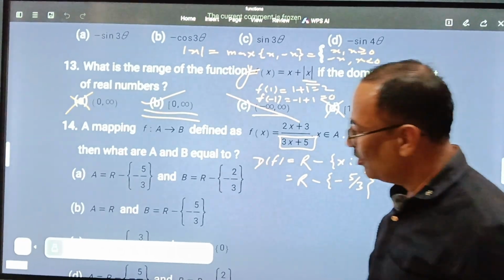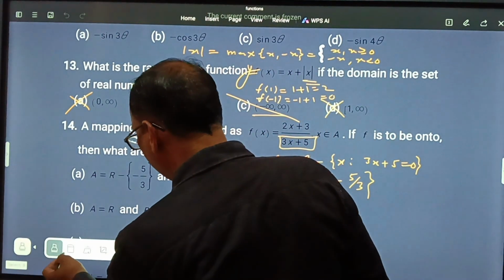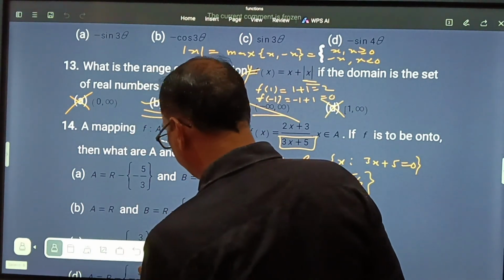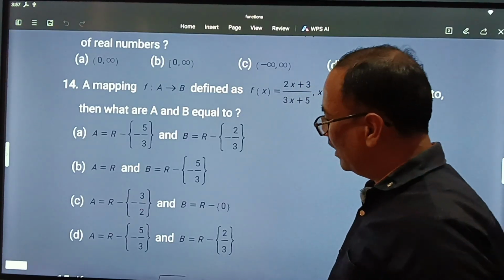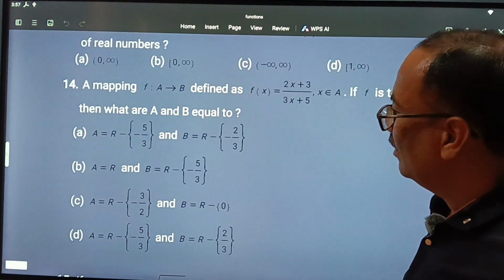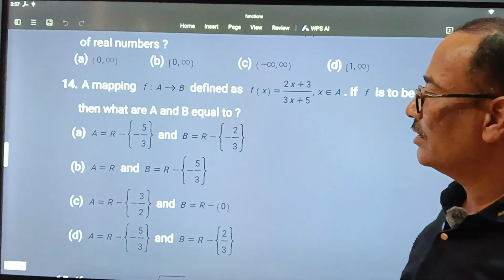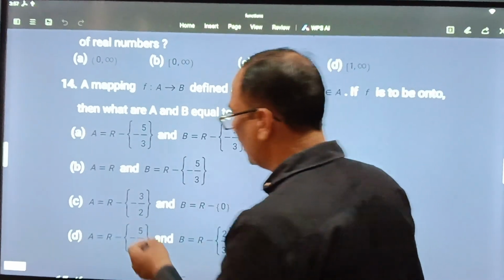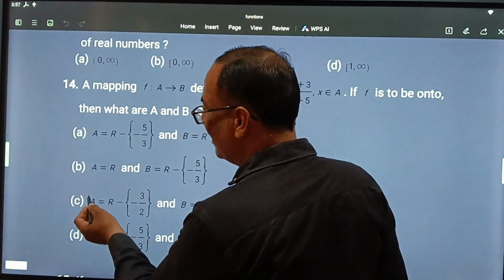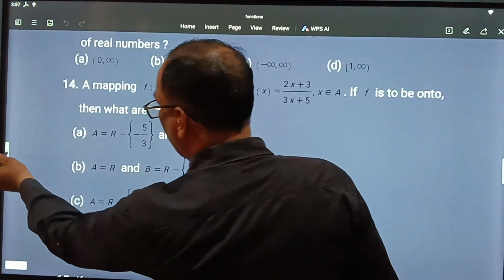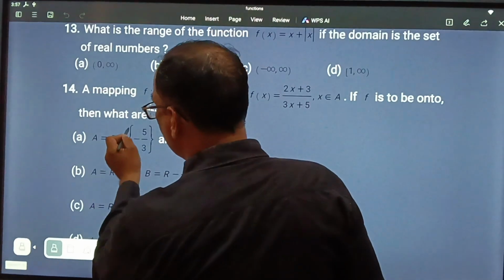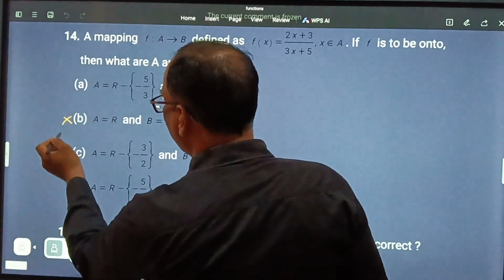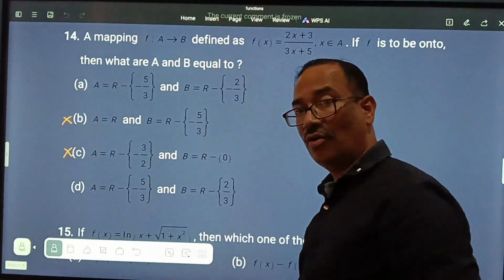The domain which is all real numbers except minus 5 by 3 is the first one and the last one. So option B and option C are incorrect. These two are incorrect. Got it, bache?